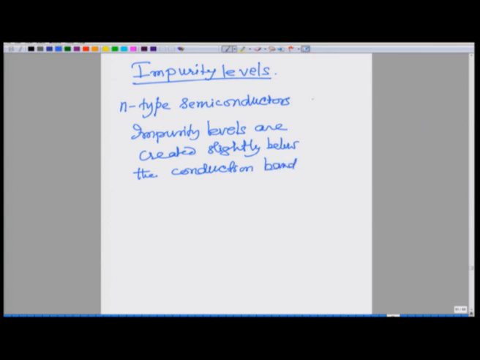So, you have the valence band, you have the conduction band, and then the impurity levels are created here.